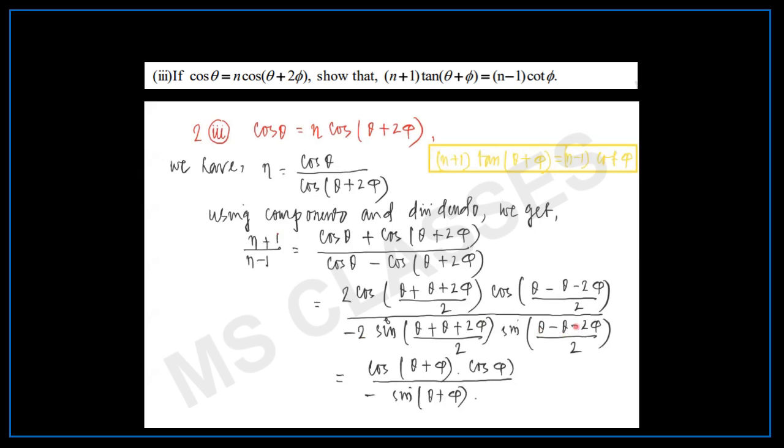Minus sine of minus phi is plus sine phi. Or you can keep this minus like this only.